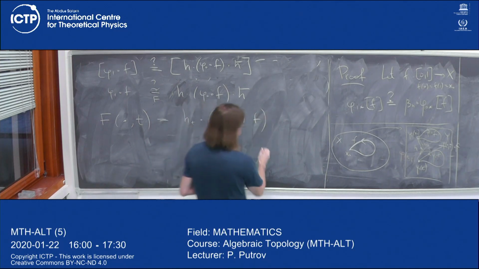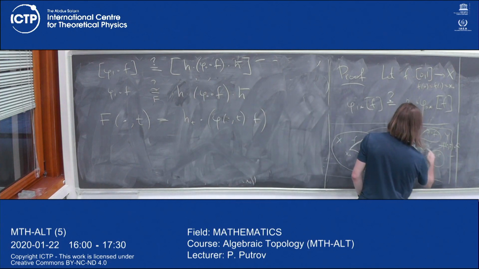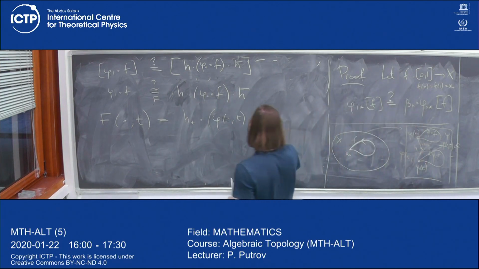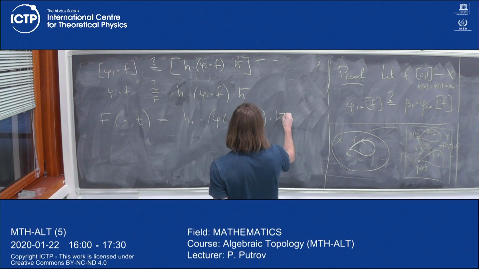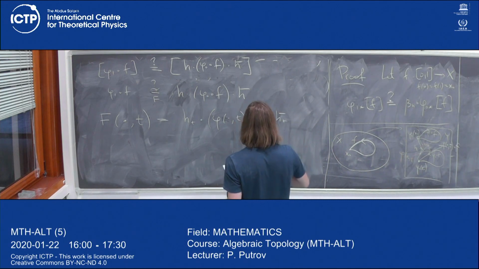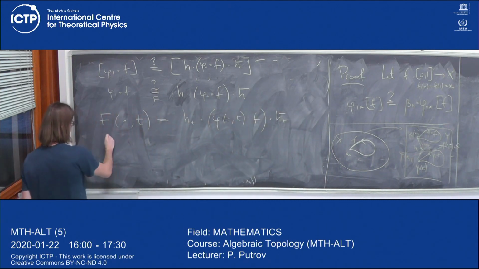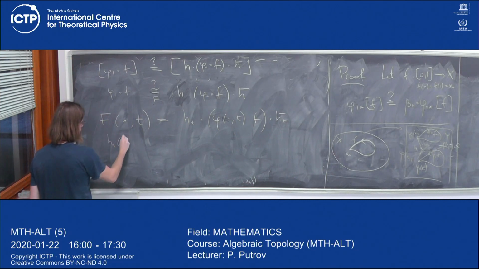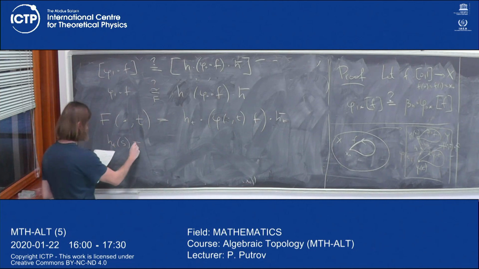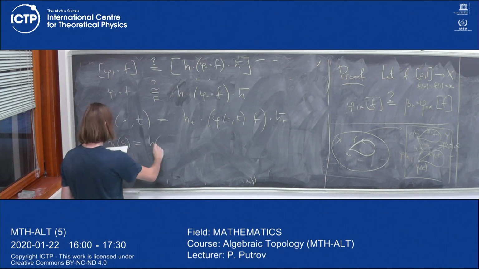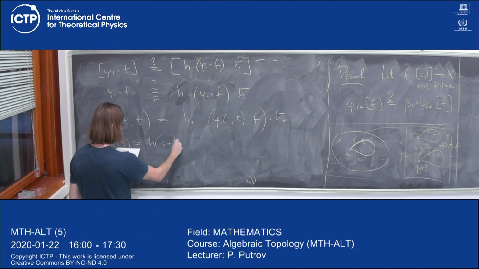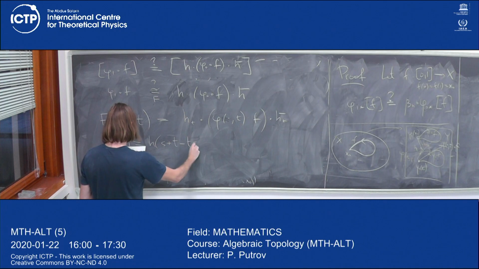Then this is the path in the middle, and then compose it with h_t bar. Explicitly, the path h_t can be defined by the following function: s plus t minus ts.